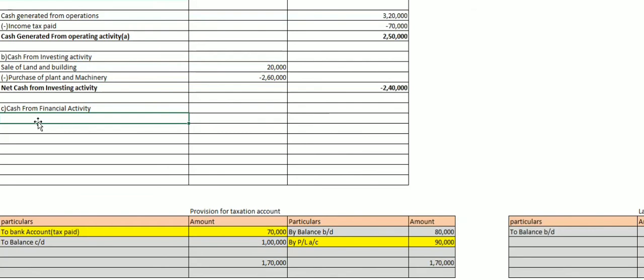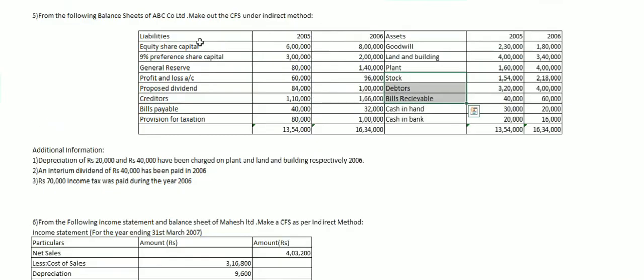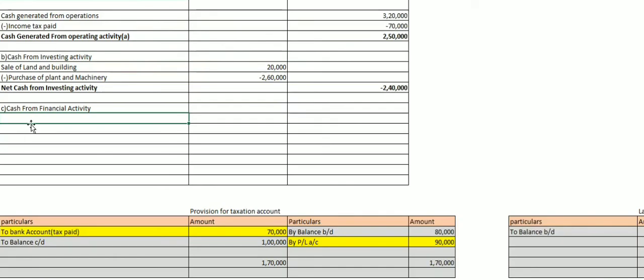If there is any redemption or paying out of loans or paying out of dividends, you will minus it. If you see in the question, share capital has increased, which is nothing but issue of share capital, which you will add. So issue of share capital, the amount is 2 lakhs, which is 8 lakhs minus 6 lakhs, 2 lakhs.